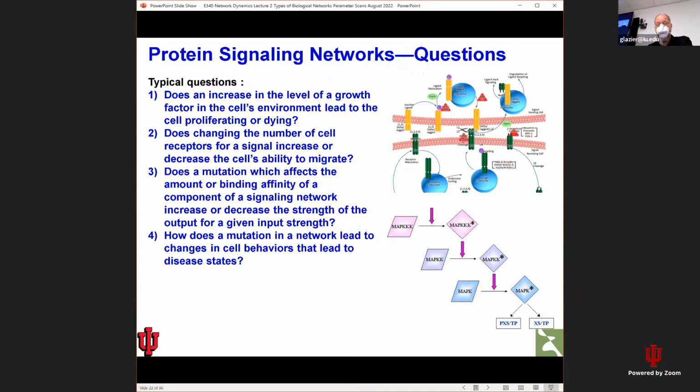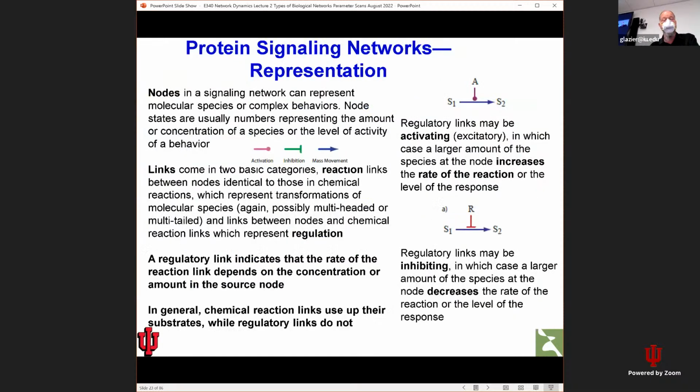And we have to be able to link molecular concentrations to behaviors. And that's actually rather hard to do. Modern molecular biology is extremely good at quantifying genes and proteins and other molecular species, much less good at quantifying cell behavior. Those are the things we care about.